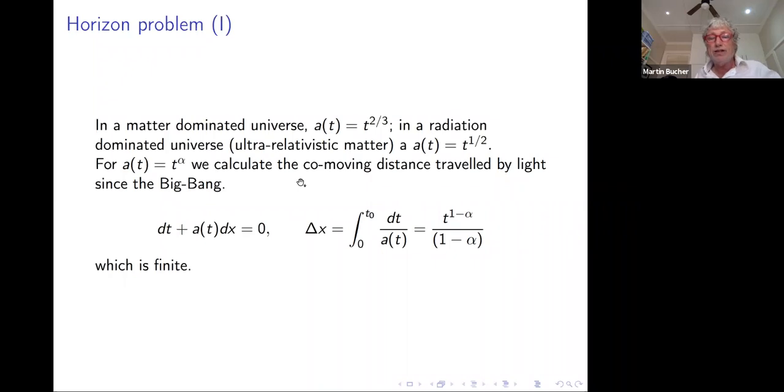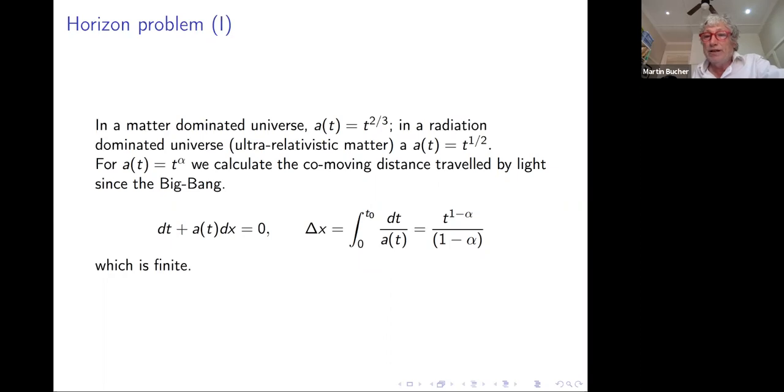So this is the slide where we looked at the horizon problem. So delta X here is how far can light or a signal that doesn't go faster than the speed of light travel from the Big Bang to the present time.